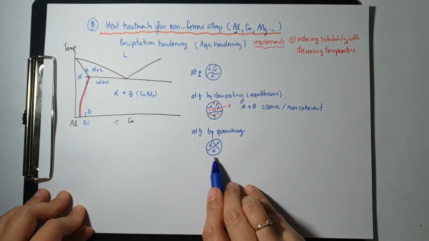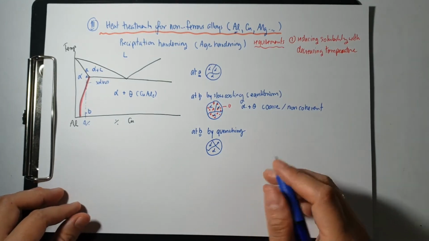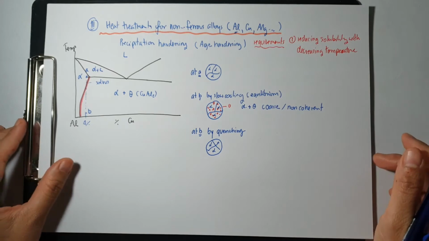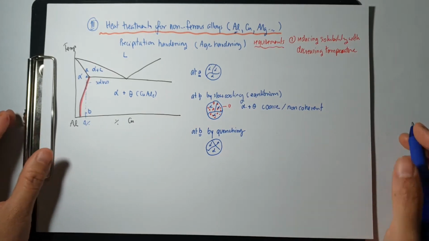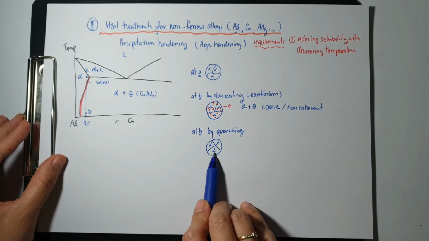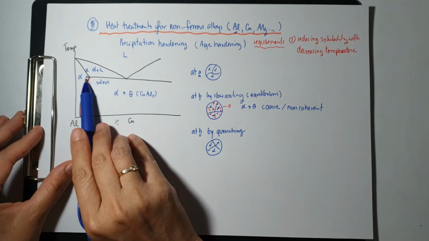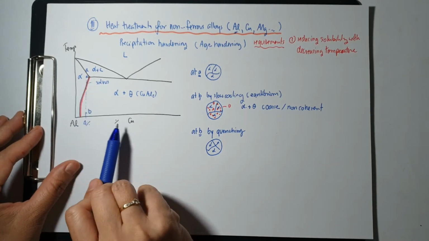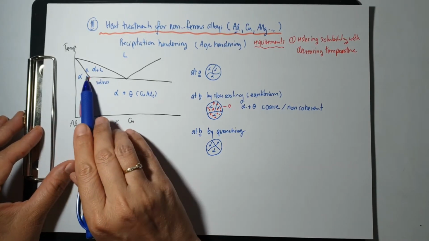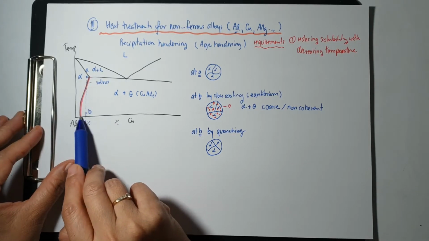By this rapid cooling, what we have here is also the alpha phase. But this alpha phase has too much copper in the single solid solution. You remember, at high temperature, alpha phase can dissolve a high amount of copper, but at lower temperature, the solubility reduces.